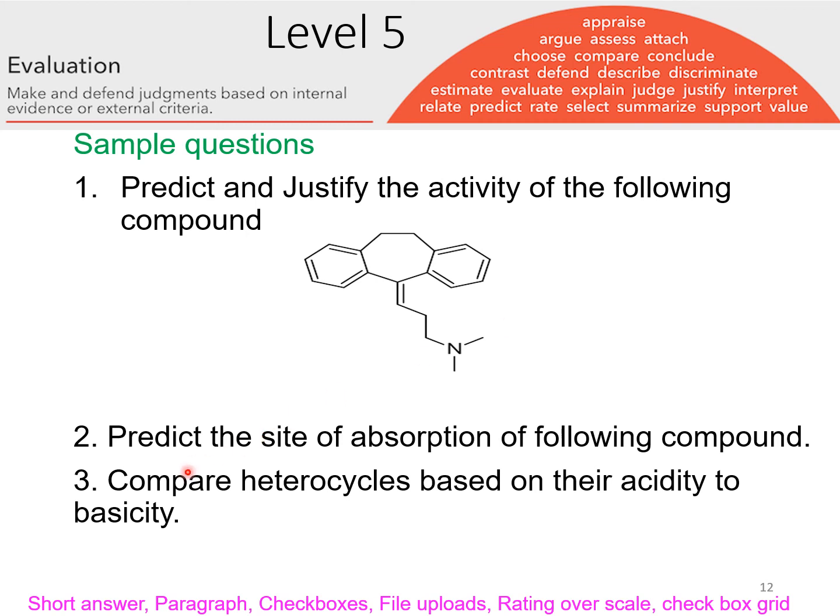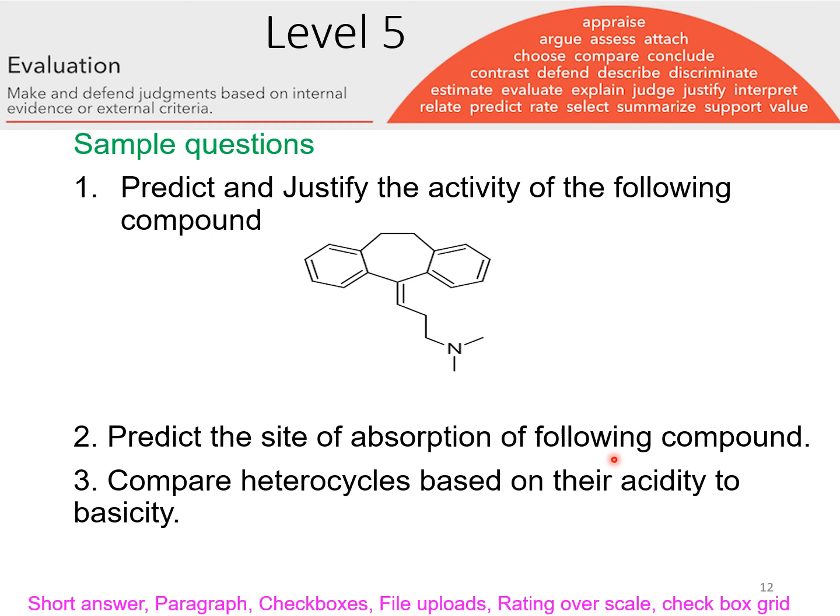Or if they have learned about pKa of the drug, then different formulations and routes of administration, then they should be able to predict the site of absorption. Now this is a bit conceptual level, that in the acid, we know the acid is unionized, and only unionized form gets absorbed.